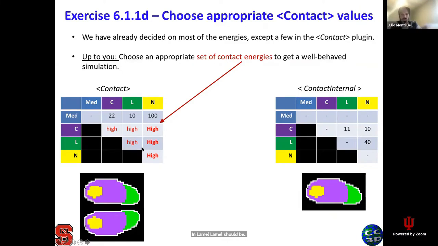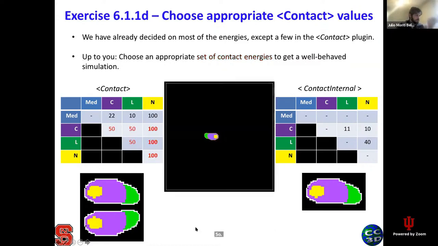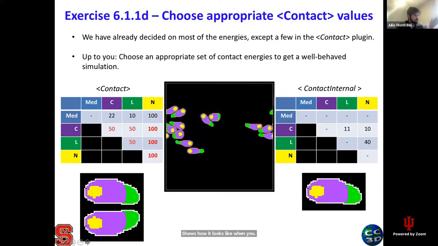Okay, so what you can do now is go to the player, go to the XML and make a choice of what those numbers should be. You can either make your own choice now or just copy the values that I have here. This is a simulation that shows how it looks when you choose 100 for this line and 50 for those.